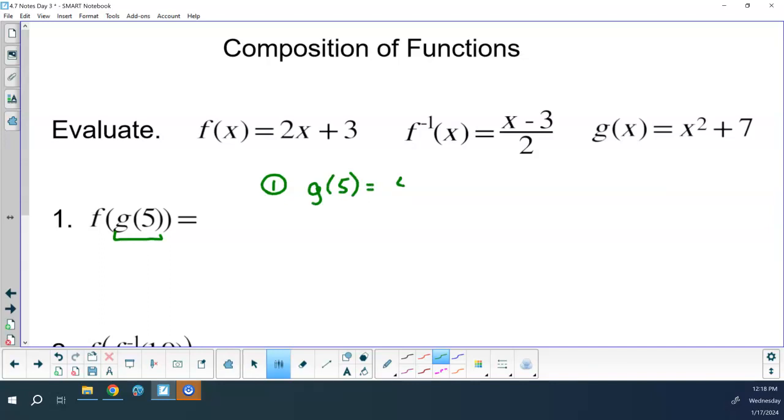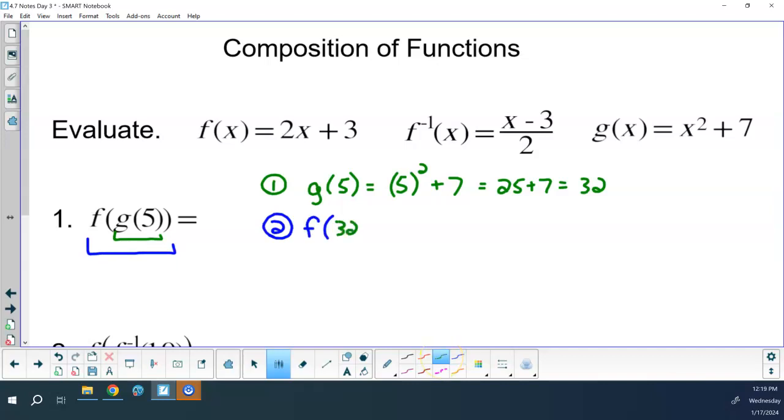Well, that's going to be 5 squared plus 7, which is 25 plus 7, which is 32. Then I need to take f of that. So I'm going to take f of 32. That's the value that I got when I did the inside one.